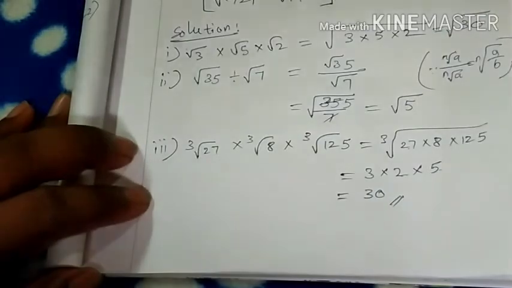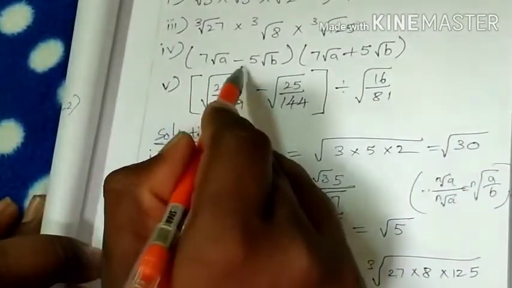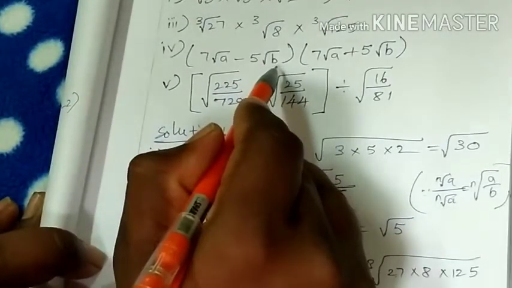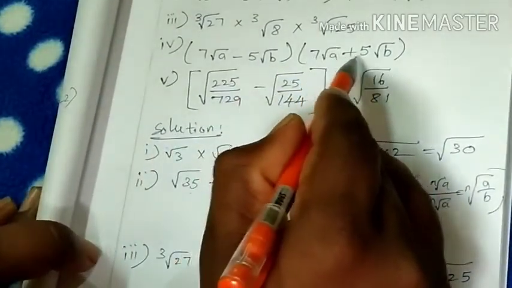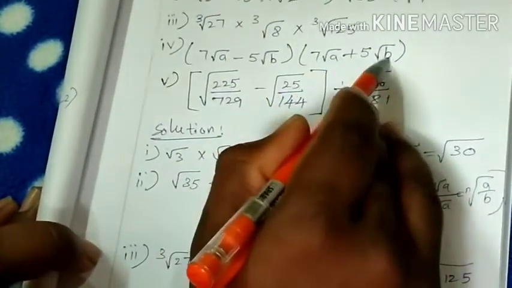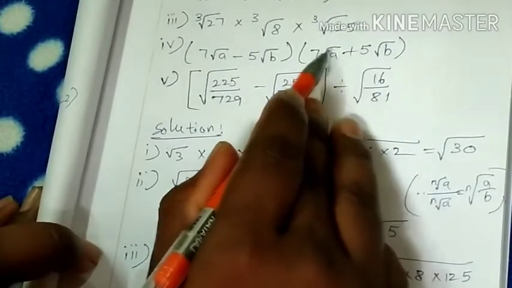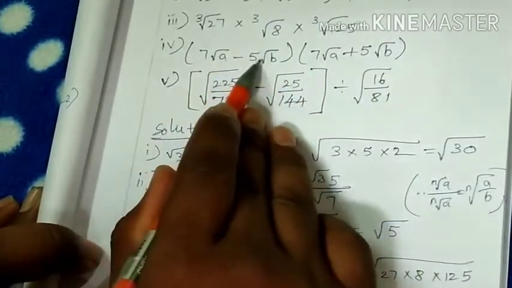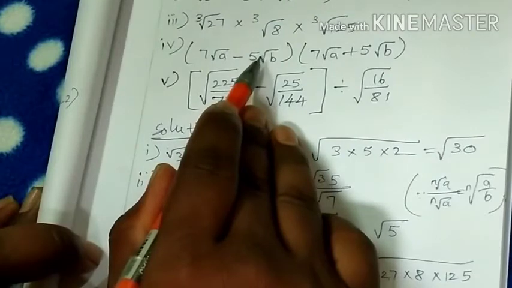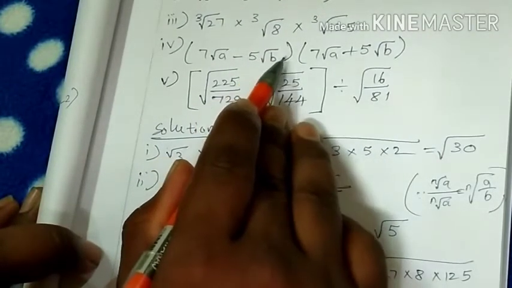Next, the fourth subdivision: 7 into root a minus 5 into root b, and 7 into root a plus 5 into root b. This looks like (a plus b)(a minus b). If you consider this as a and this as b, it is a plus b into a minus b. What is the formula of the algebraic expression? (a plus b) into (a minus b) is equal to a square minus b square.